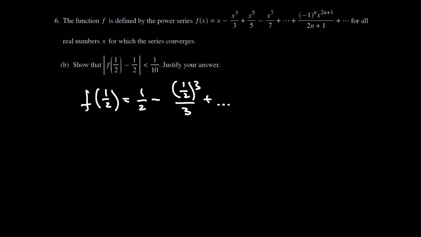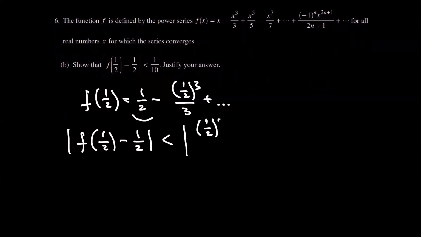The first term is actually 1/2, so f of 1/2 minus 1/2 in absolute value is less than the absolute value of the second term of the series. So it's less than 1/2 to the third power over 3. And this is equal to 1/2 cubed is 1 over 8, divided by 3, 1 over 24, which is less than 1 over 10. So that's how we show it here.